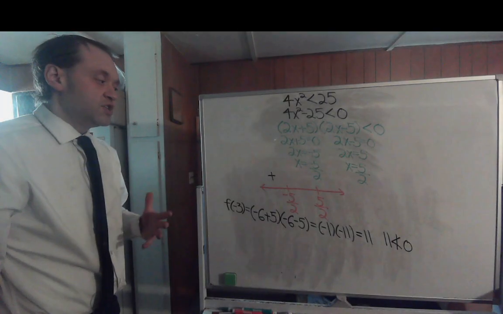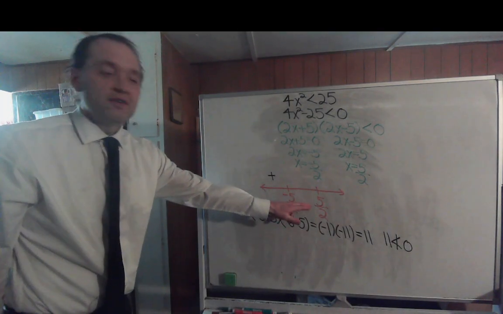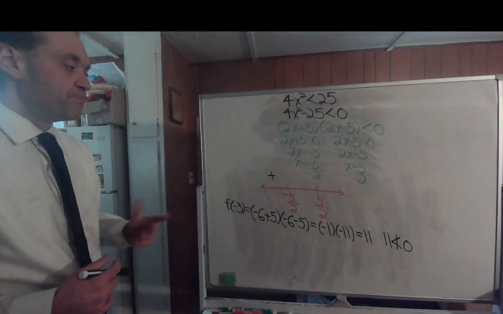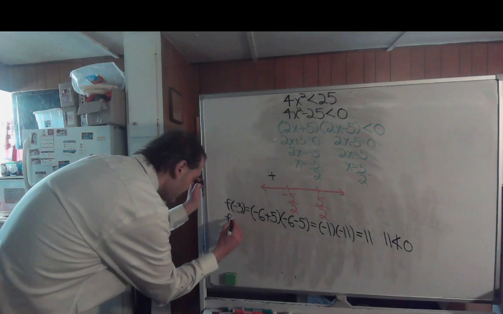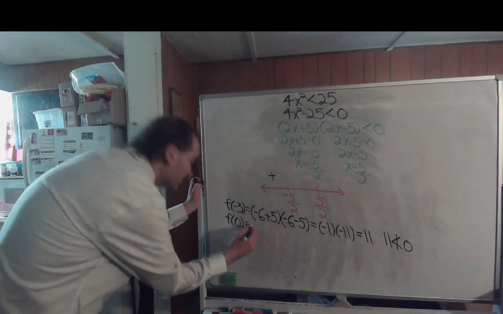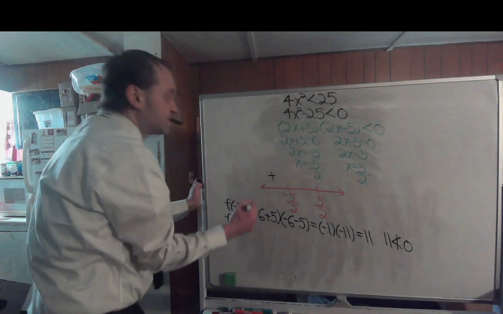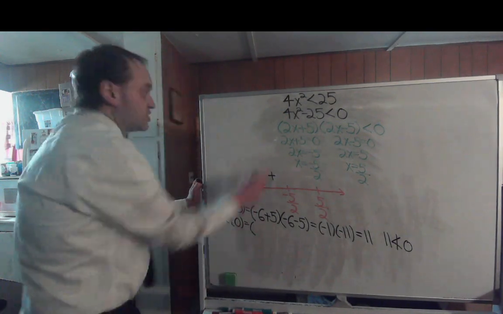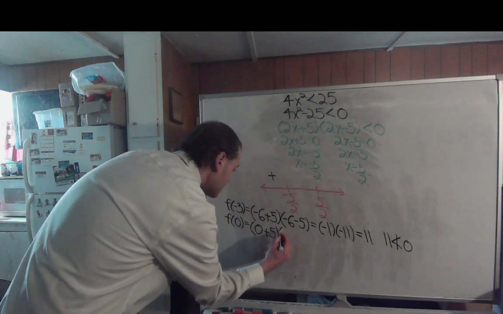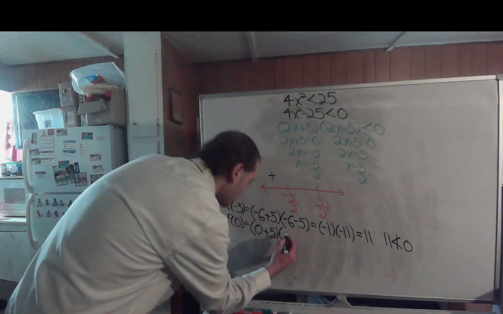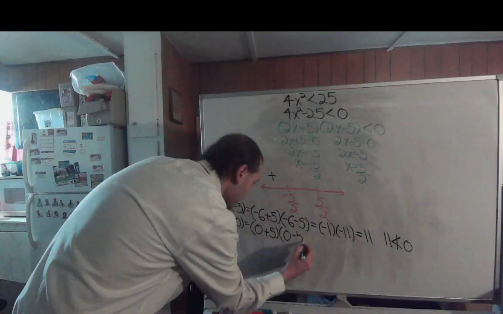Next, we need to test the interval between negative 5/2 and 5/2. f of 0 is a great place to start, right? f of 0 would equal, in your factors, 2 times 0 is just 0 plus 5, times 2 times 0, which is just 0 minus 5.